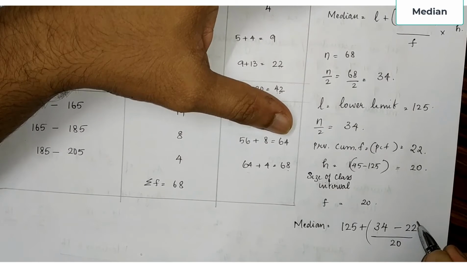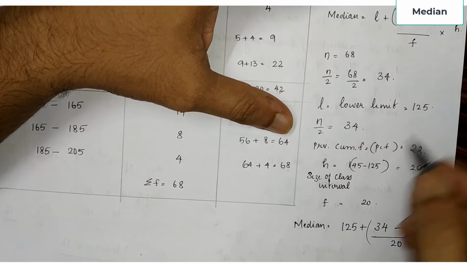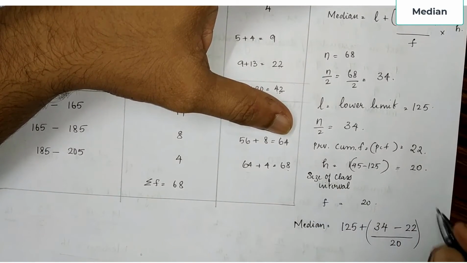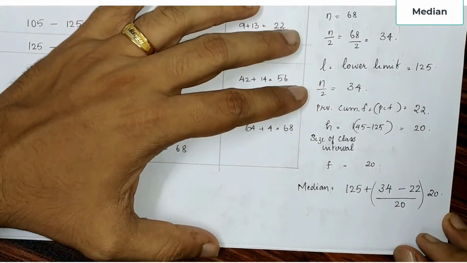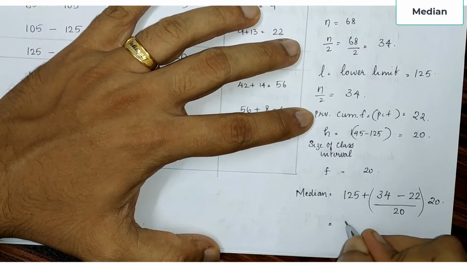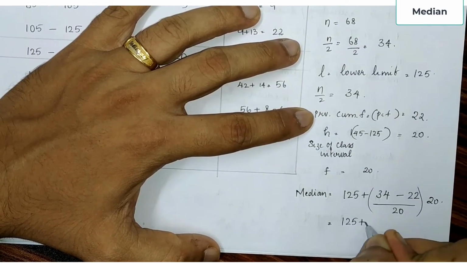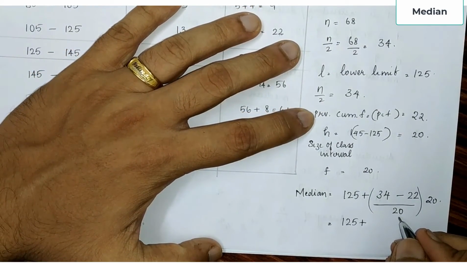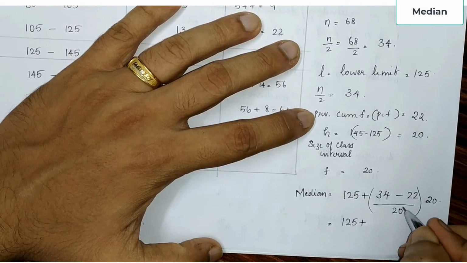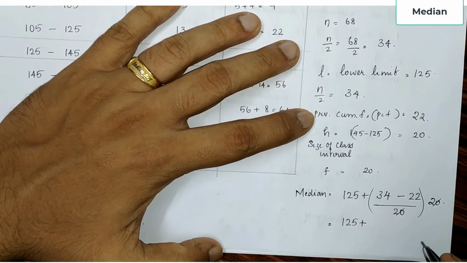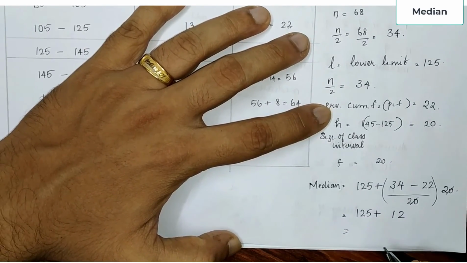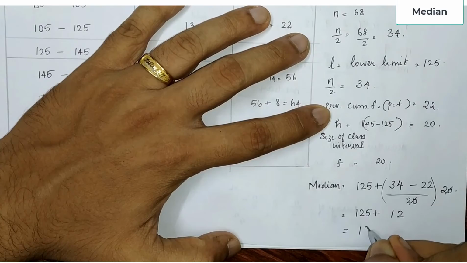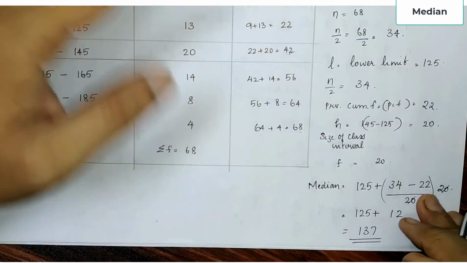H is the size of class interval, that is 20. Now when you do this, you get 125 plus 34 minus 22, you cancel these two 20s, so you get 125 plus 12, that is equal to 137.